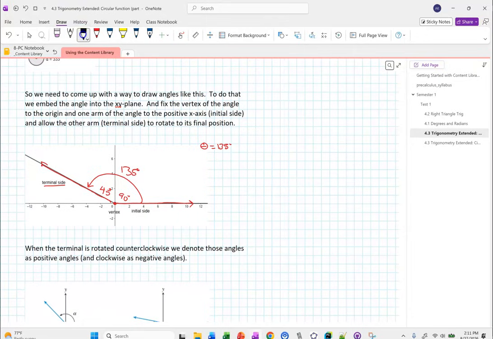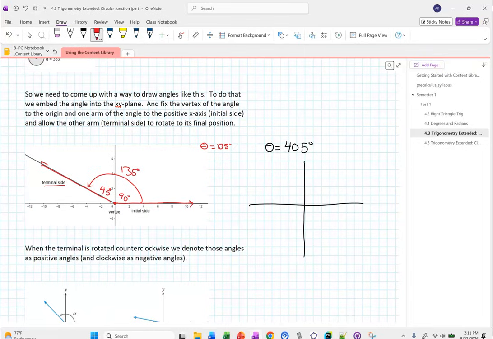Let's do another one, yeah? What would it look like if I tried to draw an angle bigger than 360? What's going to happen there? Well, let's do an example. So I started out drawing my xy axis.